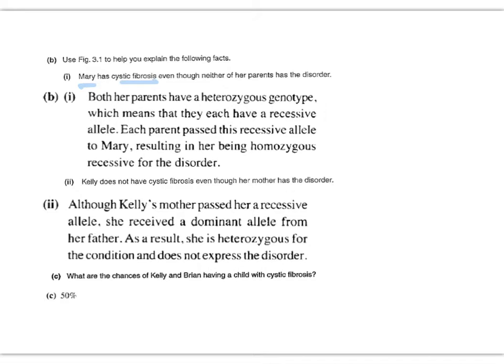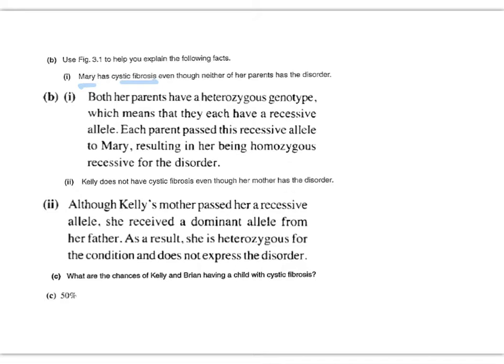Now let's use some alphabets to help us visualize this. Now, in a full essay question, you need to let something, for example, let the capital A be the dominant allele, while let small a represent the recessive allele that codes for the gene responsible for cystic fibrosis.